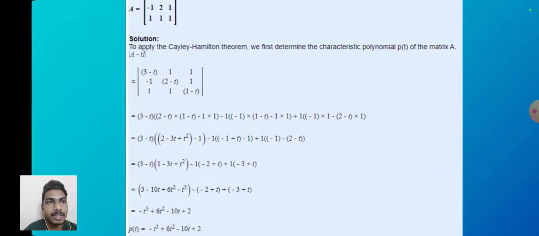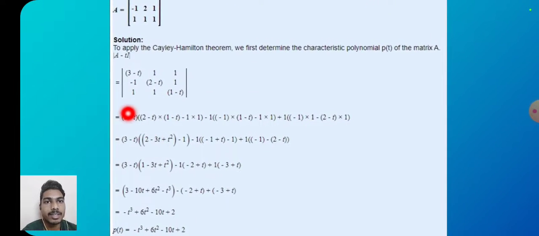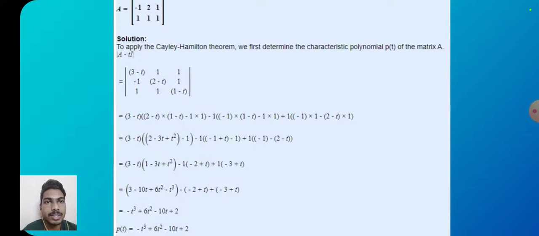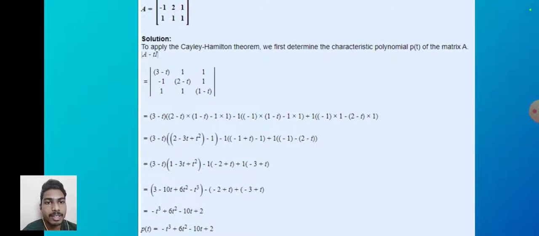It's a general equation. After that we get the determinant with 3 - t, 1, 1; -1, 2 - t, 1; 1, 1, 1 - t. After solving this determinant, we get the equation -t³ + 6t² - 10t + 2.